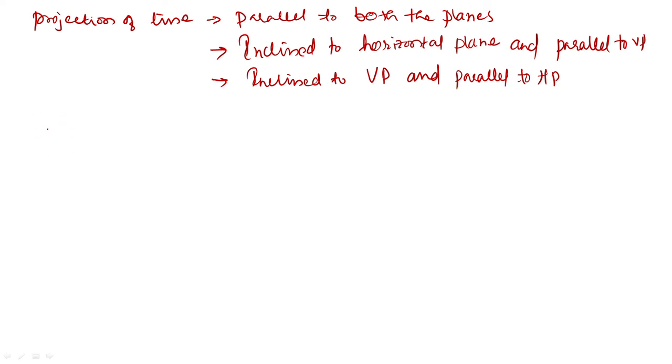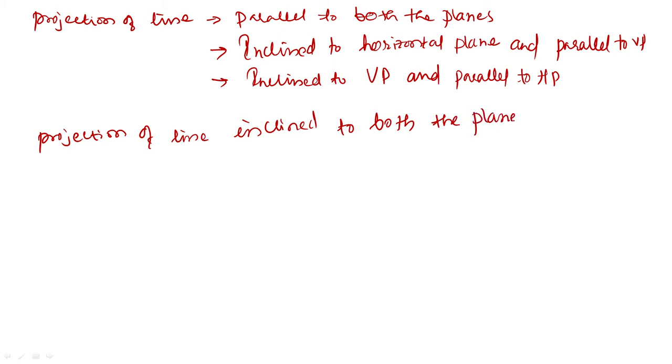So today we'll go for problems on line inclined to both the planes. Okay. So projection of line inclined to both the planes. That is, inclined to HP and VP.